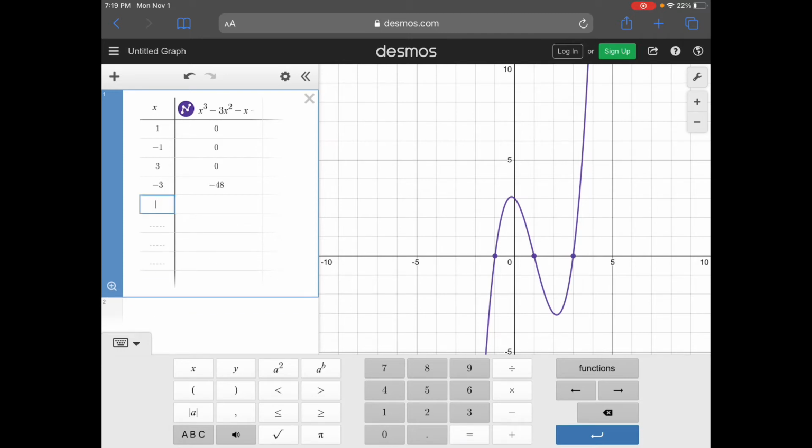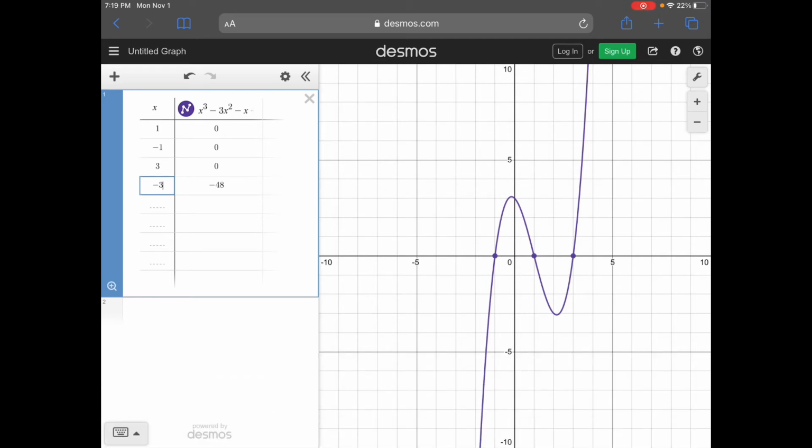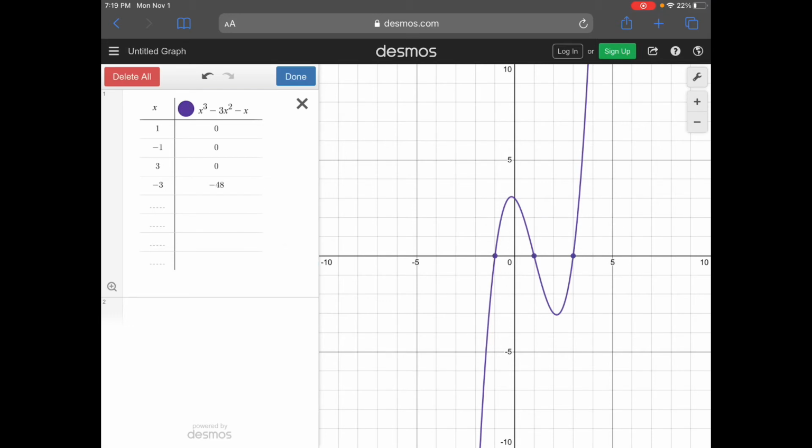So you can see here that 1 is a 0, -1 is a 0, and 3 is a 0. -3 is not a 0 because we get -48. So either way, by looking for your x-intercepts or by looking at your table of values. Again, to get to your table of values, you click on the settings gear, and then there's a table option there.